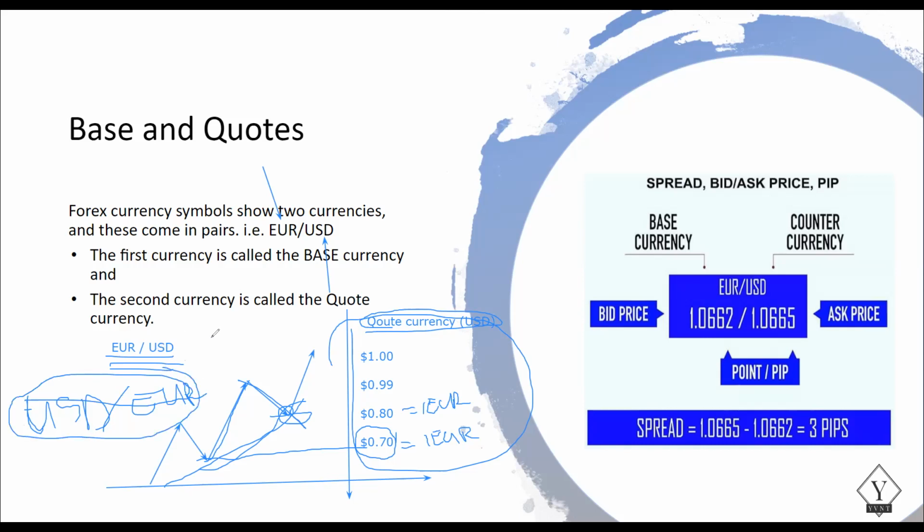But now the currency pair is like this, which is euro USD, meaning that the code price is going to be in dollars because the dollar is the code currency, right? And the euro is the base currency, meaning that in this currency pair, we are buying the euro using the dollar, right? So whatever price we are going to see on the screen is going to be in dollars because the dollar is the code currency and the euro is the base currency, right?